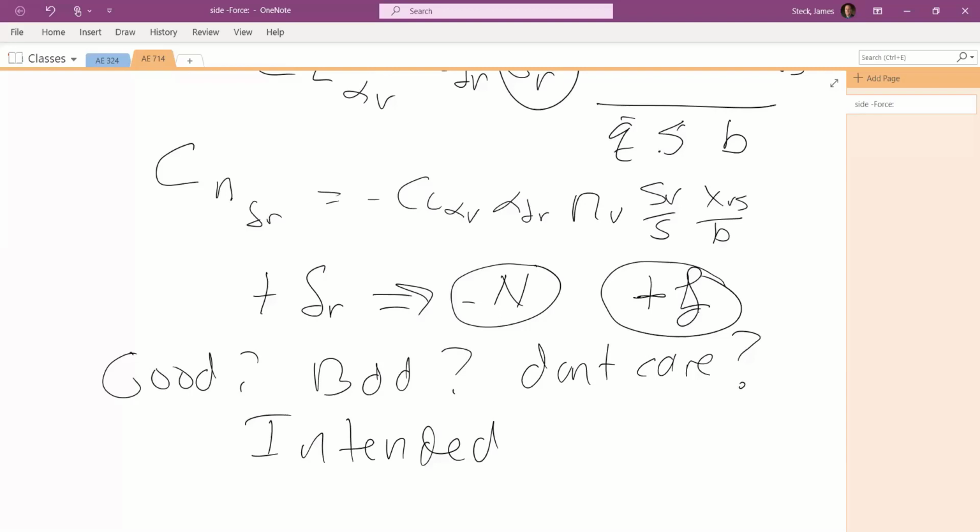All right, let's see, what's next? All right, so now we're talking about steady state forces and moments due to thrust.